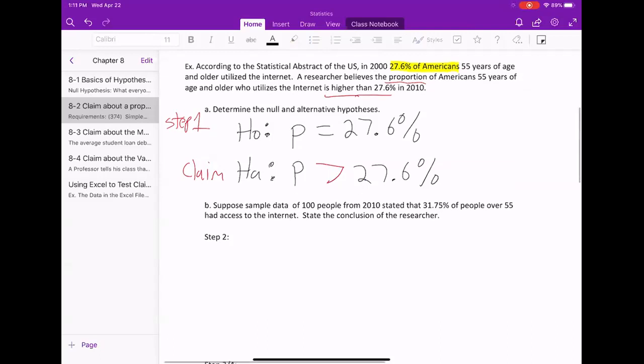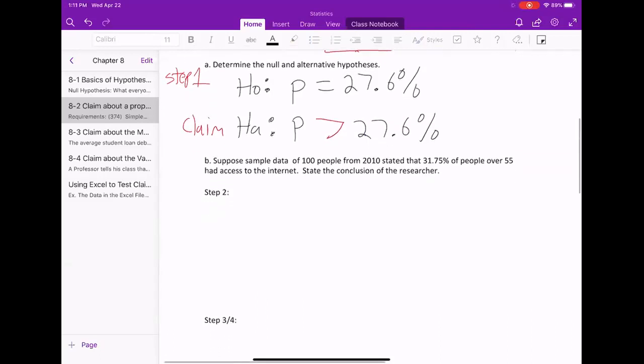All right. So moving on to step two. Suppose a sample of 100 people from 2010 stated that 31.75% of people over 55 had access to the internet, right? So now I go on to step two. I go to my little pullout.